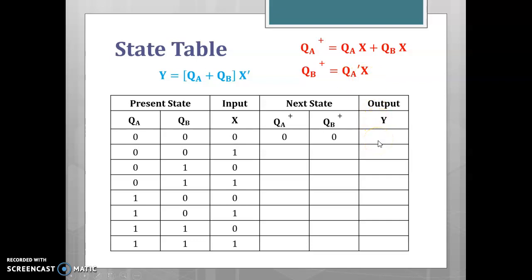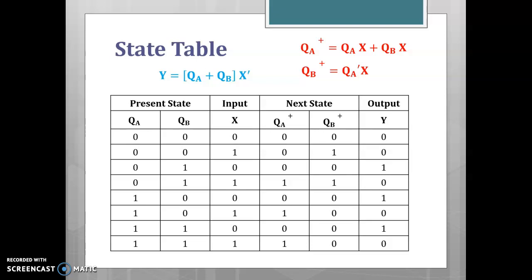Coming to the output equation Y, for the first case, QA or QB is 0 or 0, which is 0, ANDed with X bar, which is 1. So 0 ANDed with 1 is again 0. Similarly, use the next state equations and the output equation to fill the remaining cases of the state table.